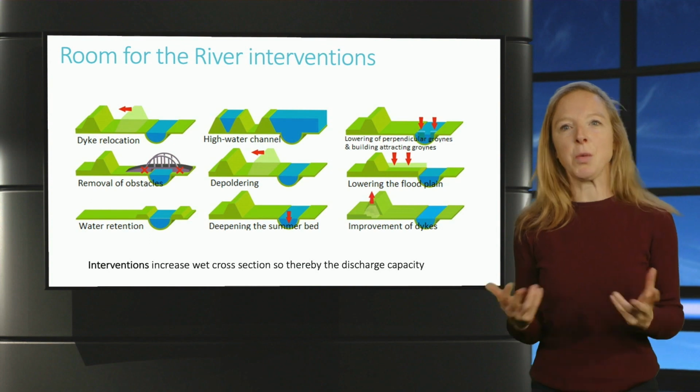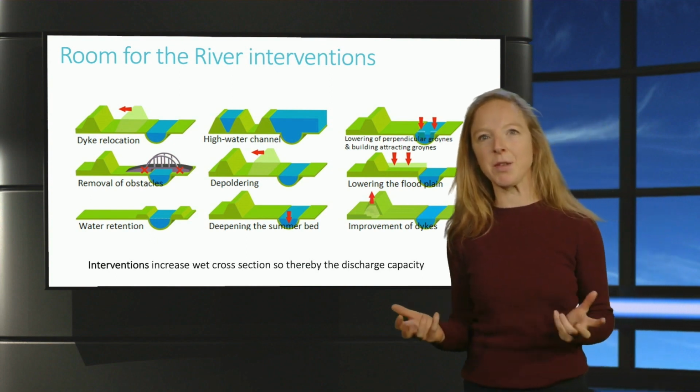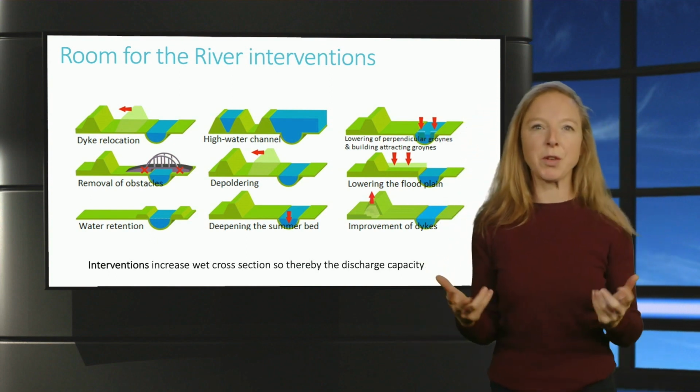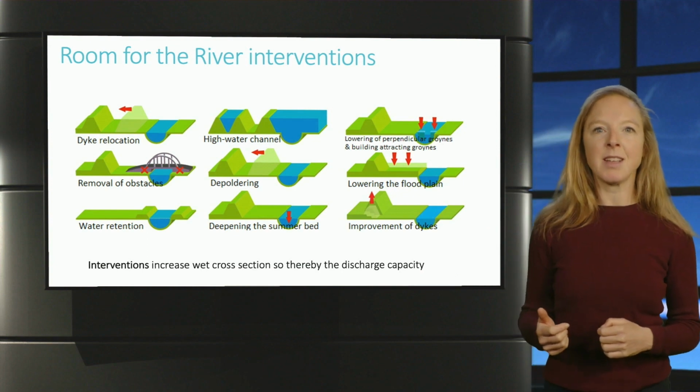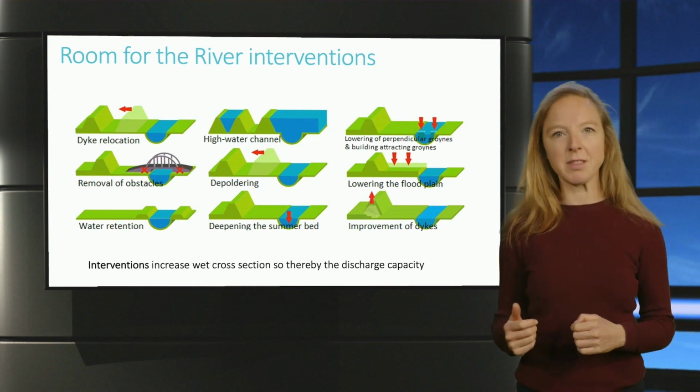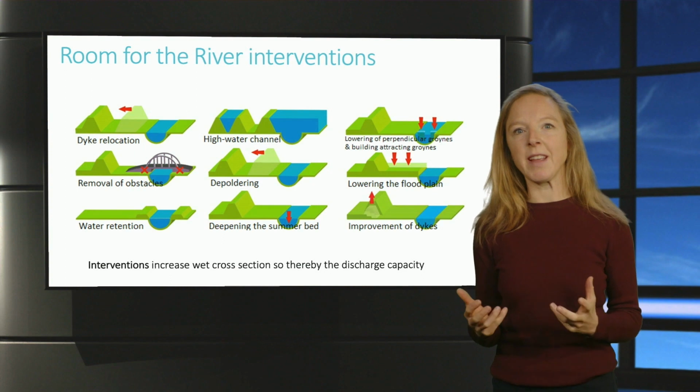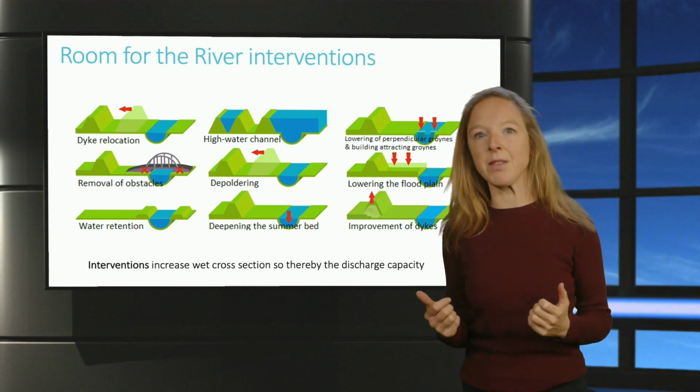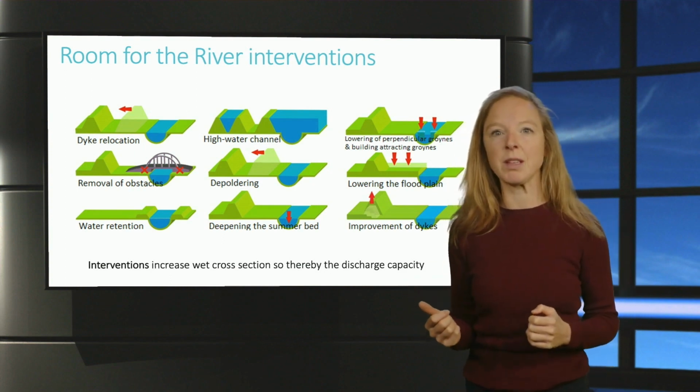Most building blocks were directed at increasing the wet surface area, as the name Room for the River already implies. An example is the lowering of groins. These structures were intended to prevent the natural meandering of the rivers discussed in week 1.